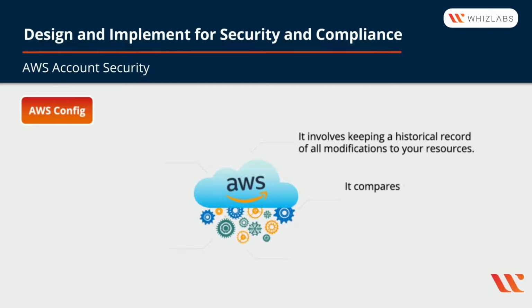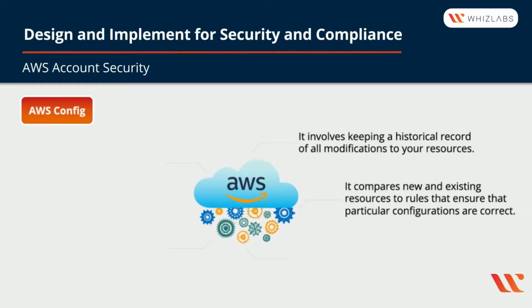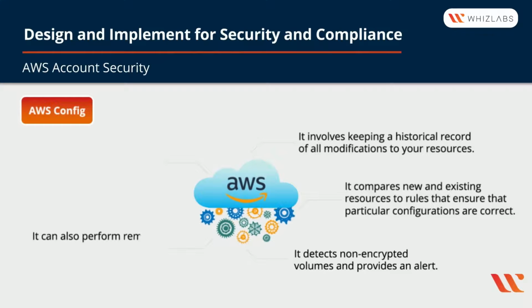AWS Config compares new and existing resources to rules that ensure that particular configurations are correct. If all EC2 volumes must be encrypted, for example, AWS Config can detect non-encrypted volumes and provide an alert. It can also perform remedial operations such as encrypting or removing the volume.